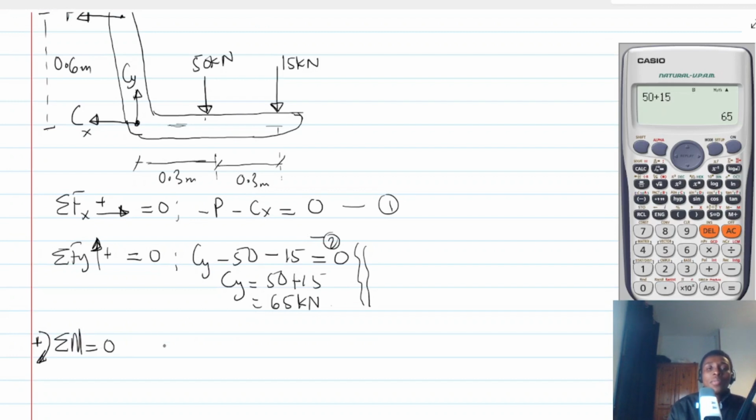What do we have? For summation of moment, clockwise is 0. What are we going to get?